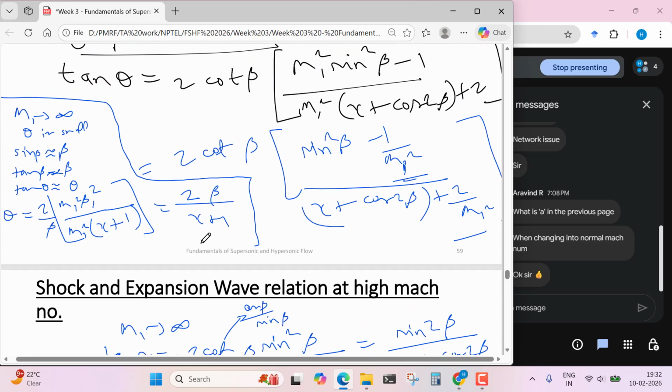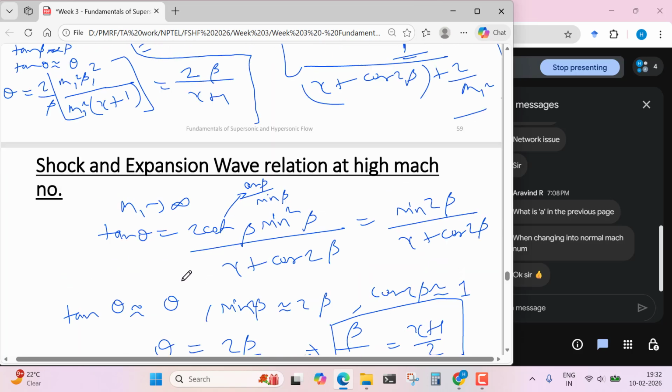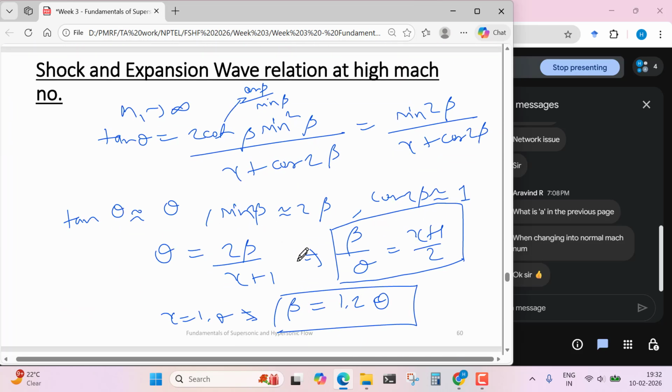So for a very small angle, we can write tan theta equal to theta, sine 2 beta equal to 2 beta, and cos 2 beta equal to 1. So we'll get theta equal to 2 beta upon gamma plus 1. And so we'll get beta upon theta equal to gamma plus 1 by 2.